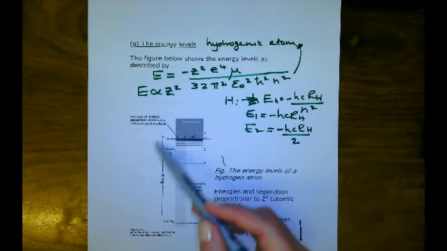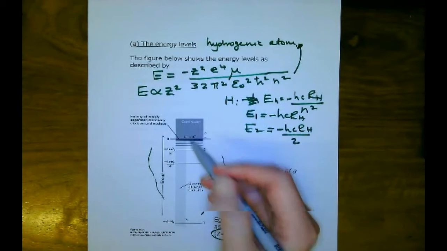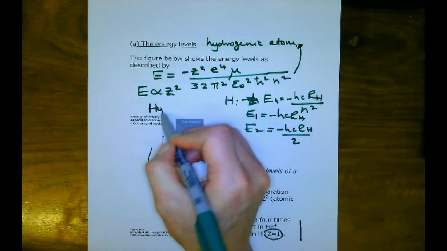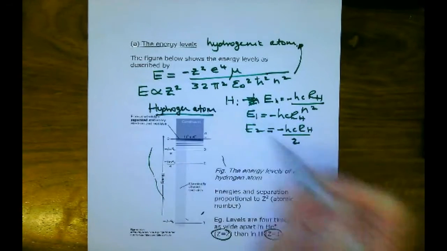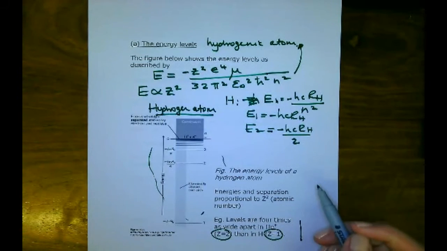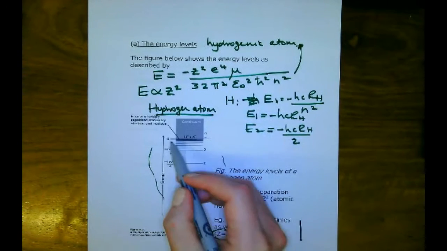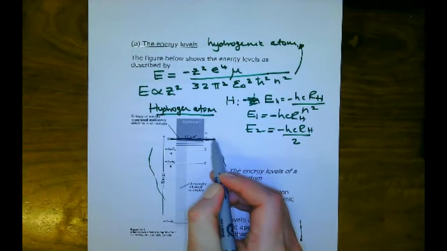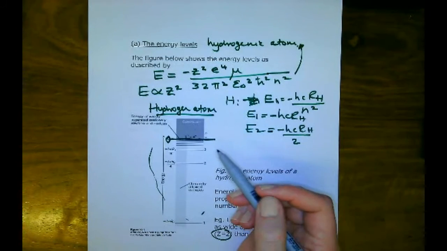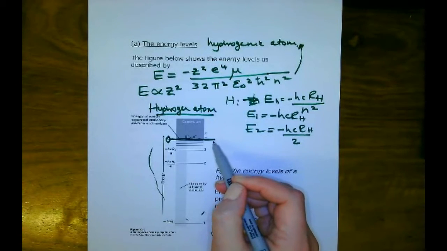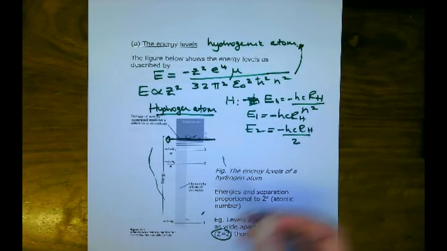Now I want us to have a look at this figure. This figure is specifically for the hydrogen atom. It's not for any hydrogenic atom, it's just for hydrogen, and it shows the energy levels. Firstly, what I want you to see is that everything is listed relative to a value of 0, and everything is negative.